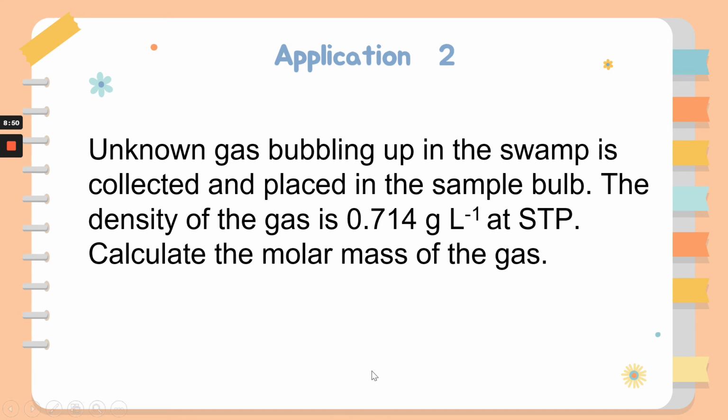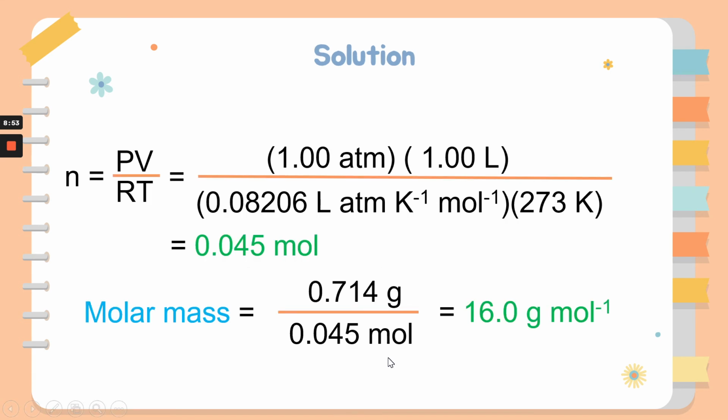First, let us assume that we have 1 liter of sample, which has a mass of 0.714 gram, because the density is given in the question as 0.714 gram per liter.